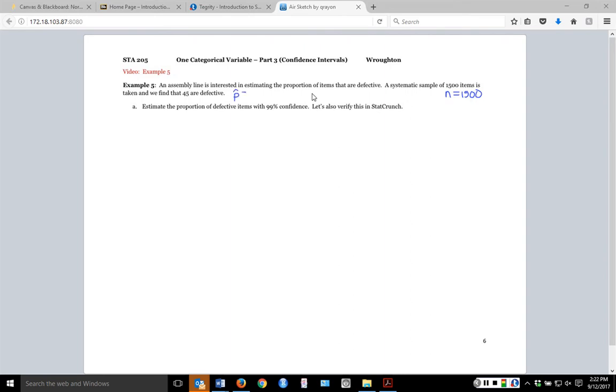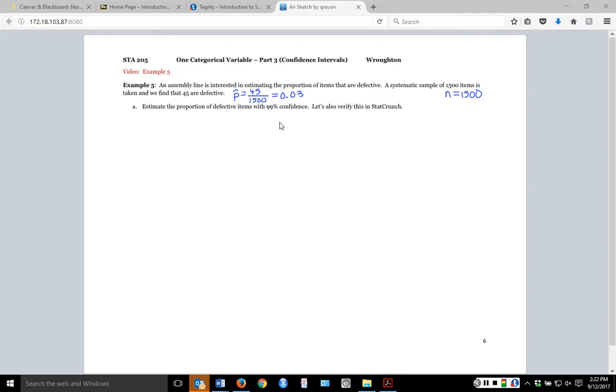So our P hat will be 45 out of 1,500, which is just 0.03. And hopefully it makes sense this is a small number. Our goal is to estimate what percentage of the items are defective. We probably really hope that that percentage is a small number and we don't have a ton of defective items that we're working with here.